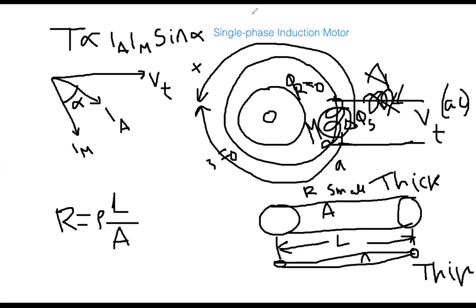If I omit the proportionality, torque equals K Ia Im sine alpha, where K is the torque constant. Everybody can write down this equation. This is in Newton meter, the amount of torque in a single phase induction motor.